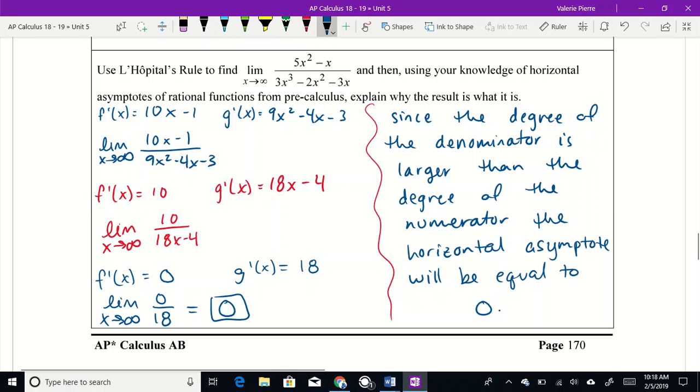Because the denominator will always get larger faster than the numerator.